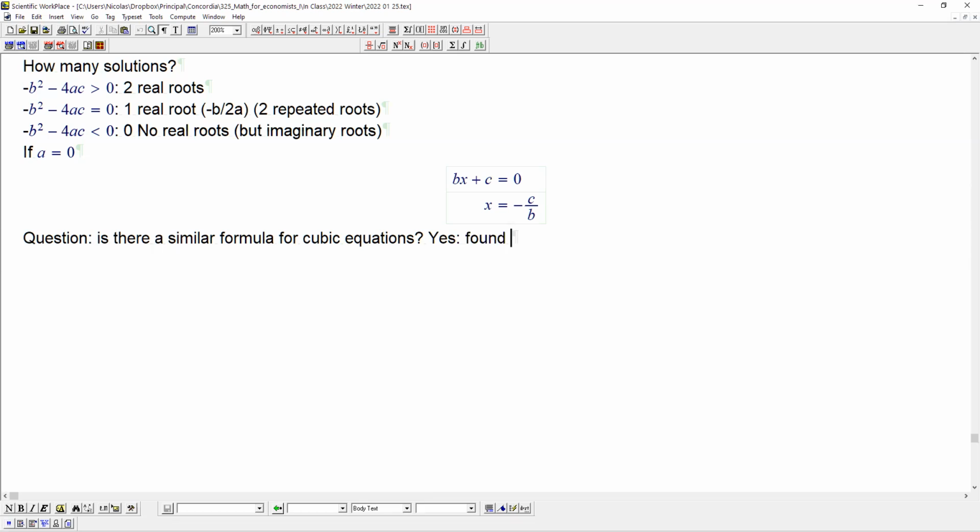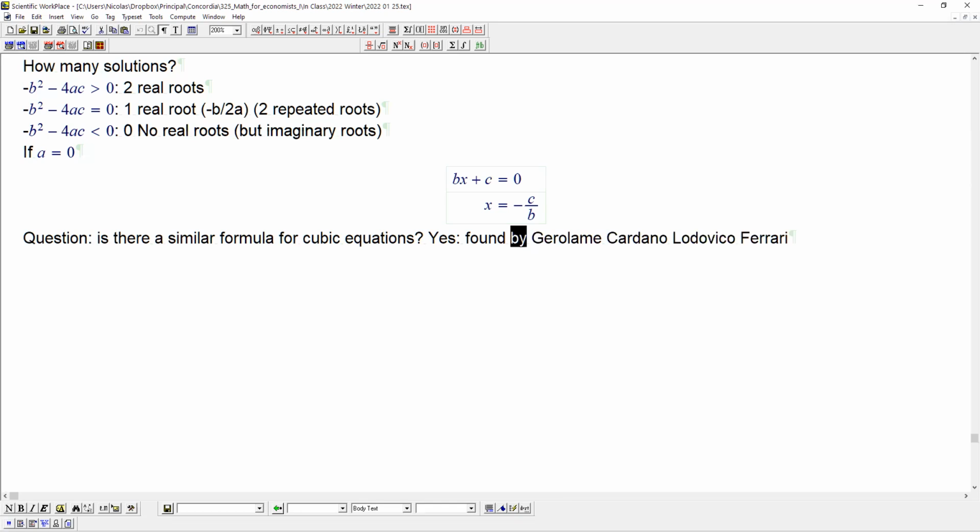I think it's Ludovico Ferrari. No, I think that guy is for quartic. So yeah, Girolamo Cardano found it. Yeah, but there were many. So maybe Fubini was into it.